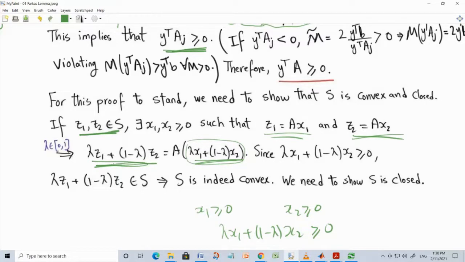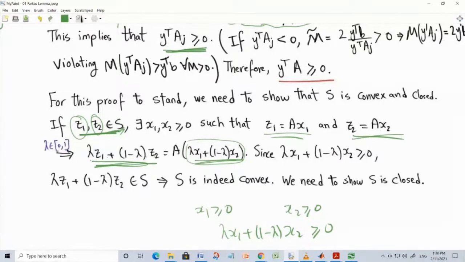So if you start with two vectors in S, any convex combination of these two vectors is guaranteed to be in the set itself. So the set is convex. That's actually the definition of a convex set.